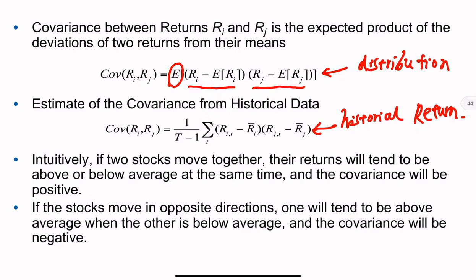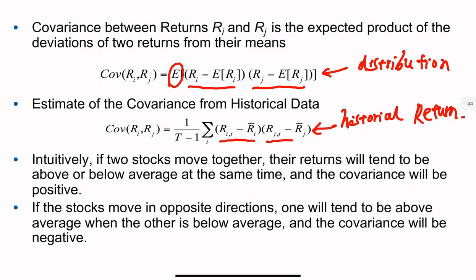Now if you look at this second formula, it's about calculating the covariance from historical returns. You can see that the spirit is essentially the same, right? The first part is again the deviation of return I from its average return.